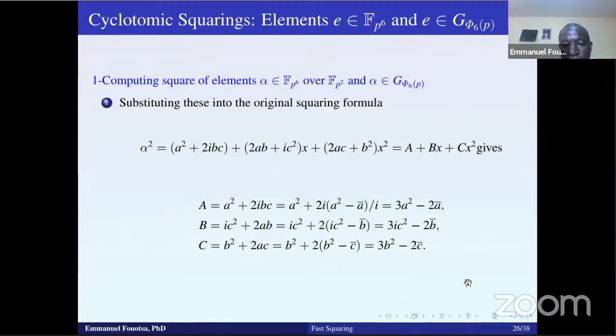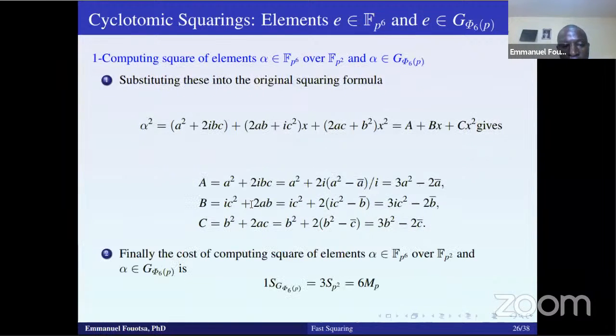It means that the cost of computing alpha squared, which is the cost of computing A, B, and C, is simply the cost of computing A squared, C squared, and B squared. And remember that A, C, and B belong to FP squared.